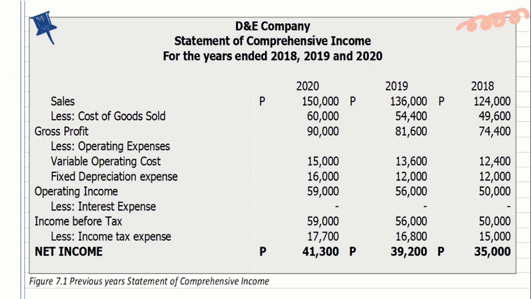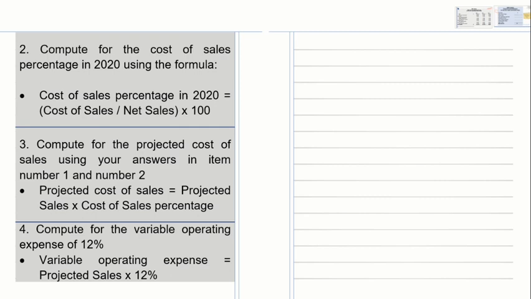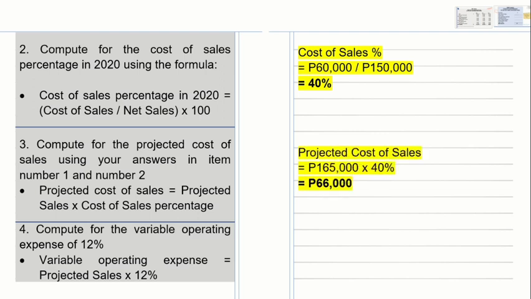So, we have 40%. The next is to compute the projected cost of sales using our answers in item 1 and item 2. So, natay projected sales kanina na 165,000 times 40%, which is our cost of sales ratio. So, we have 66,000. So, ang atong projected cost of sales for 2021 will be 66,000.